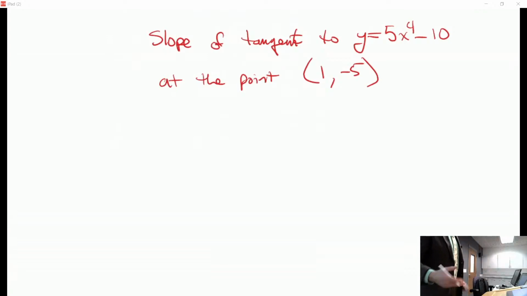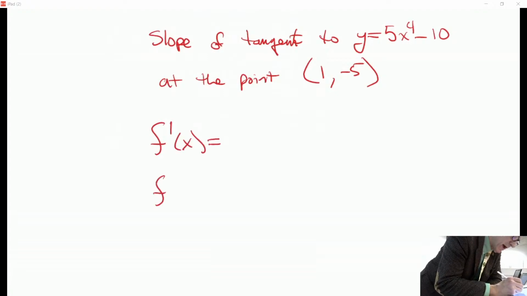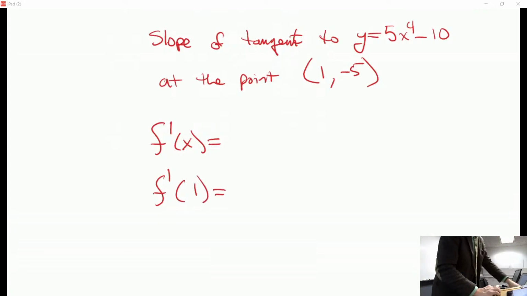But you know how to do this. Slope of the tangent line, slope is synonymous with derivative. So you're doing a derivative, and then you're going to plug in that point. So do your derivative first. And then we'll do f prime evaluated at x equals 1. So take a minute, do your derivative.